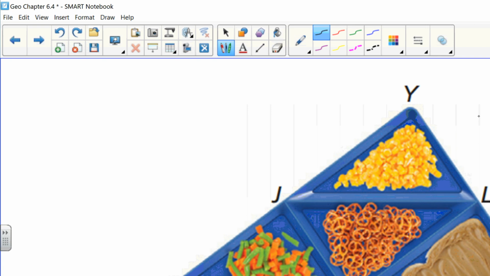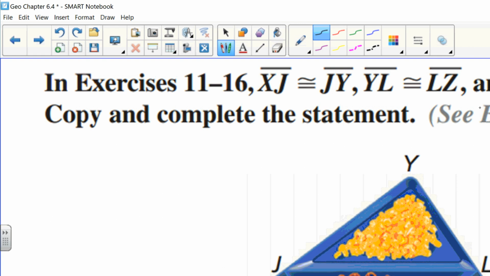So what we're told is a few things. We're told that XJ is congruent to JY. We're also told that YL is congruent to LZ, and XK is congruent to KZ.